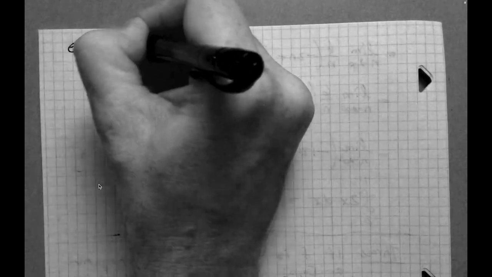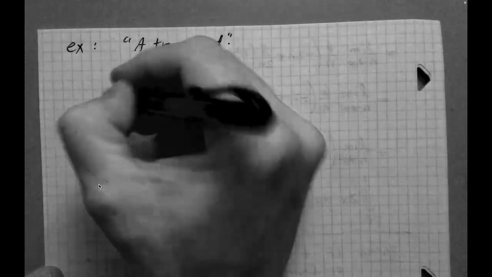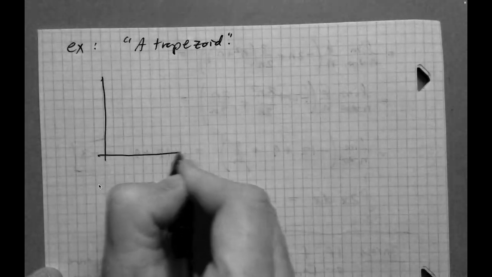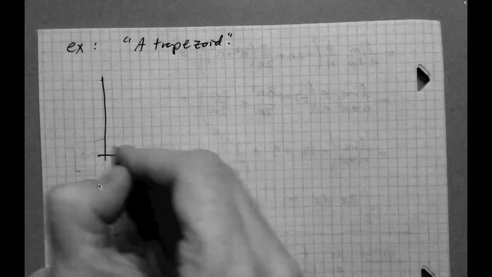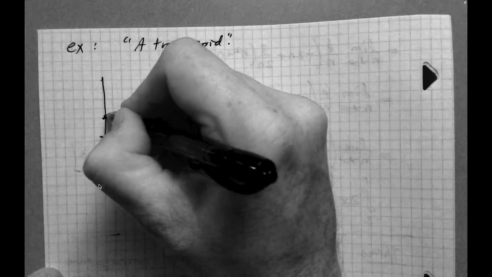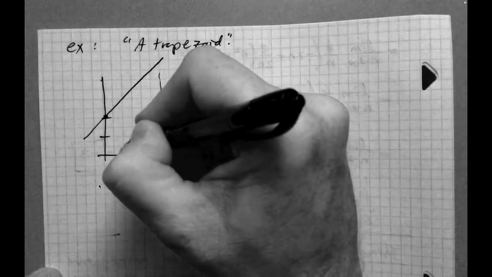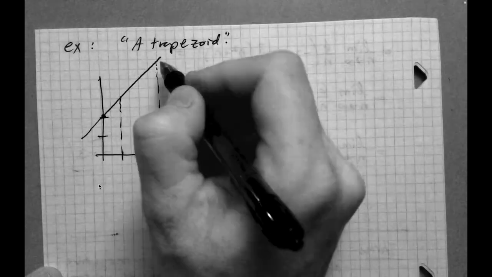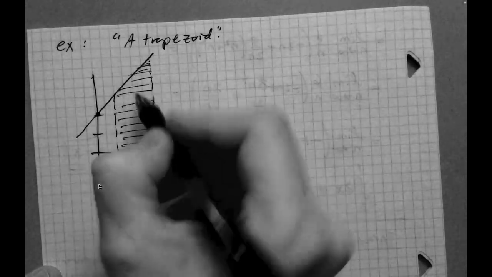All right. What about a trapezoid? Let's say we've got a function like this, maybe 1, 2, 3, and 1, 2, and let's just say this comes down like this. Here's your function. And so you're going to get a trapezoid in here, a four-sided shape.